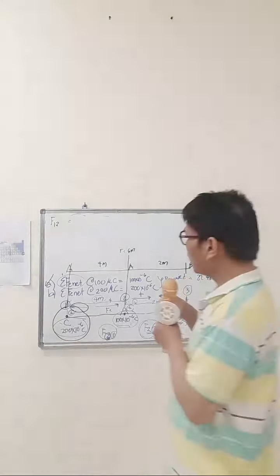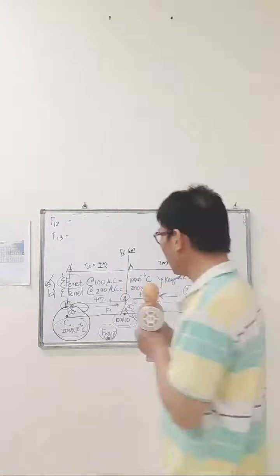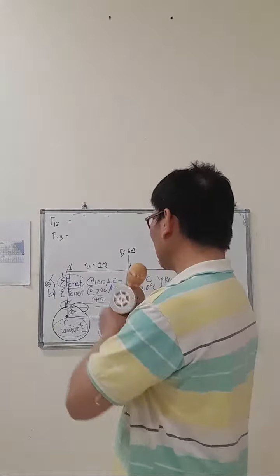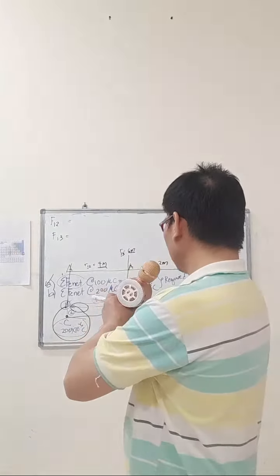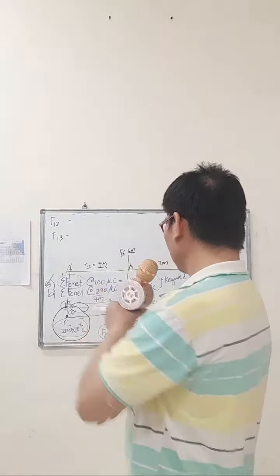So take note with the subscript: the 1 here is the one acted on, the 2 is the one acting, and the other subscript will be the from. Be careful with the preposition, where it is being located, situated from the point of consideration.